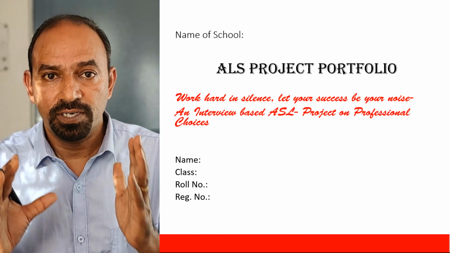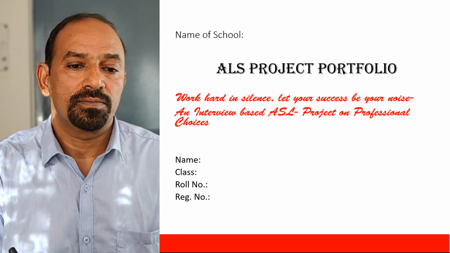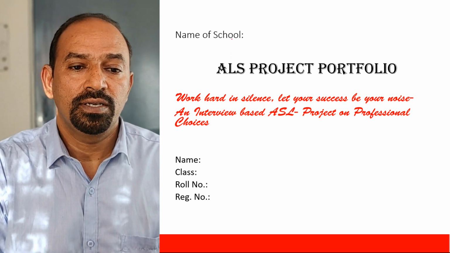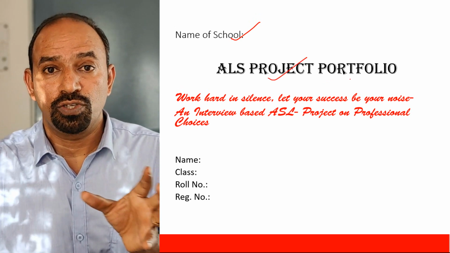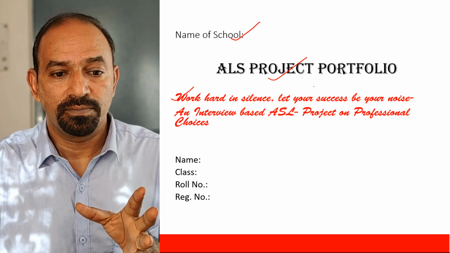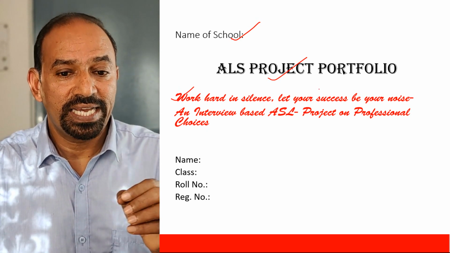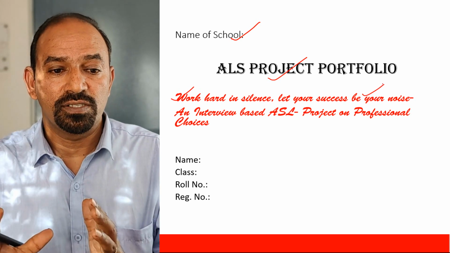Come to the front page or the first page of the project. First you have to write the name of the school, then ALS project portfolio, then the title of your project. Work hard in silence. Let your success be your noise.